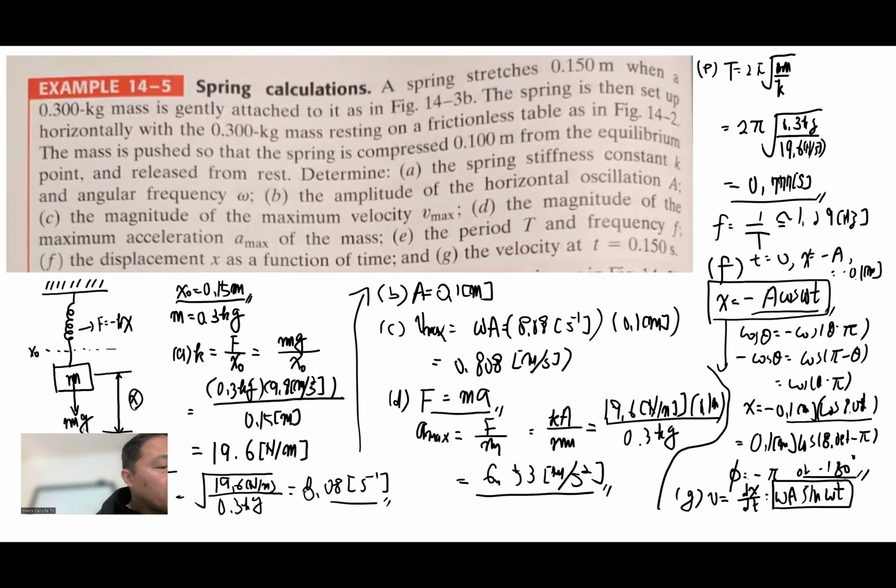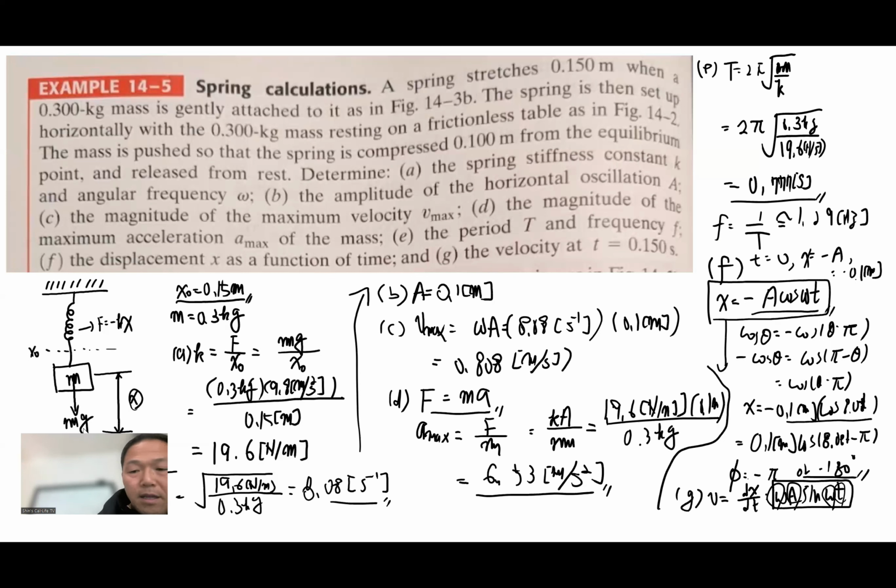Plug in omega and the maximum displacement A, and replace t with 0.15 second.